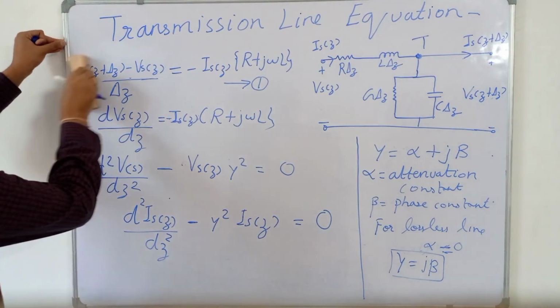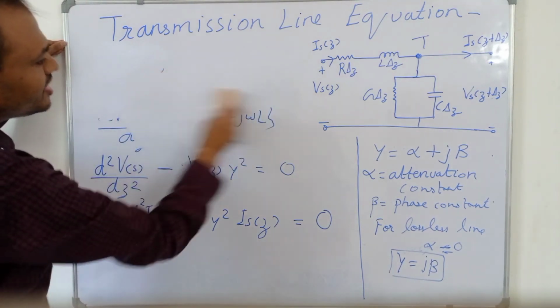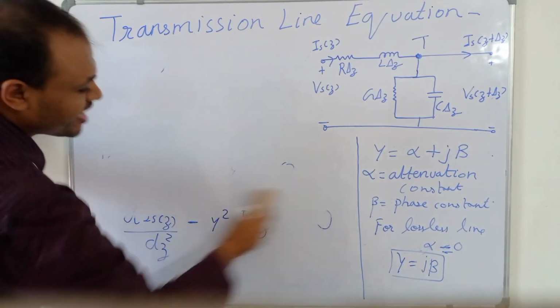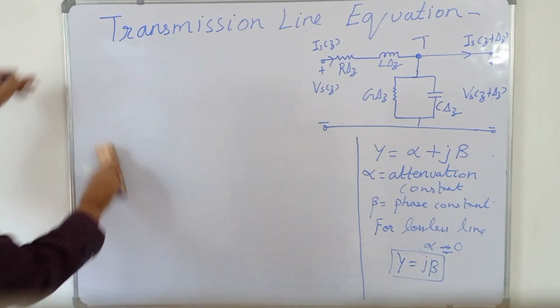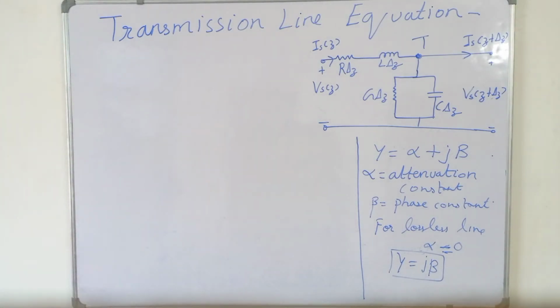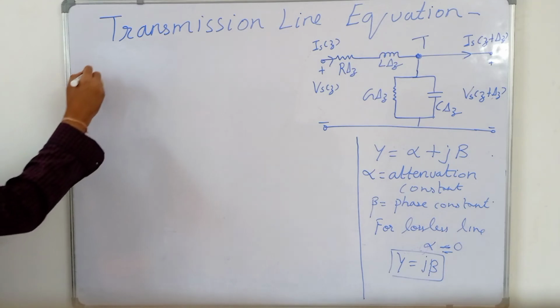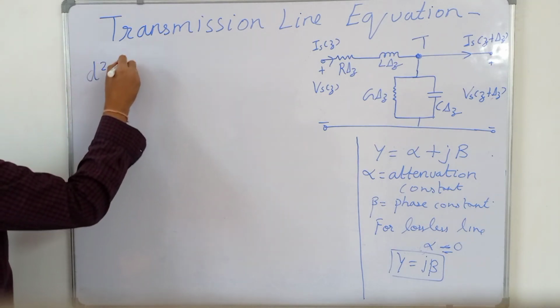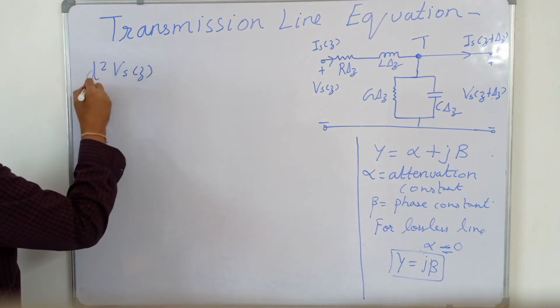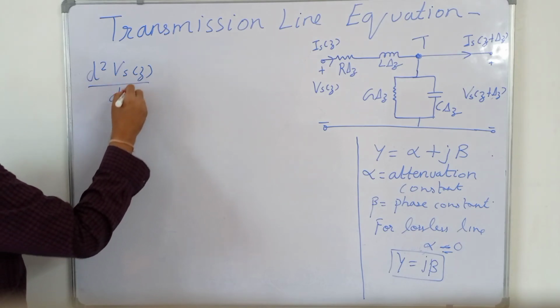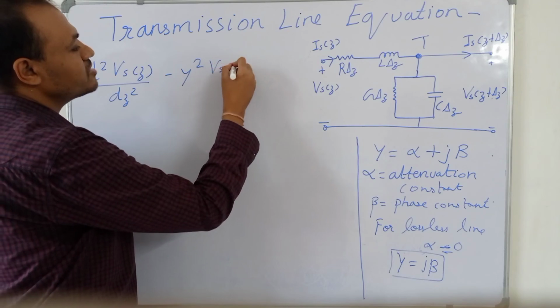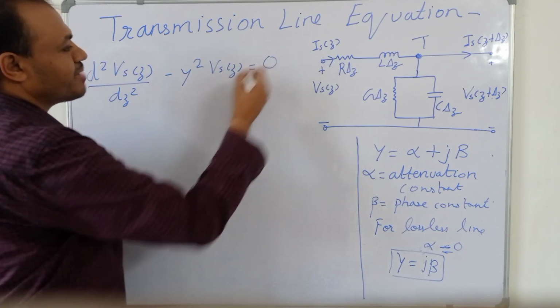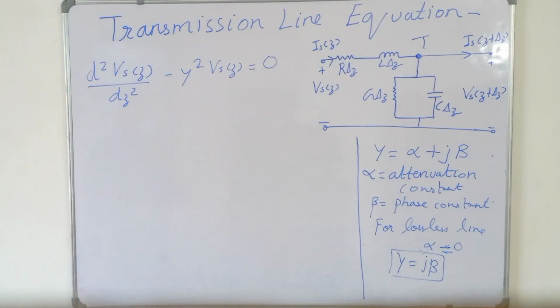Now we can also find the equation for the forward traveling wave and the reverse or backward traveling wave. So if we have this equation d square Vs of z upon dz square minus gamma square Vs of z is equal to 0, this is a differential equation.